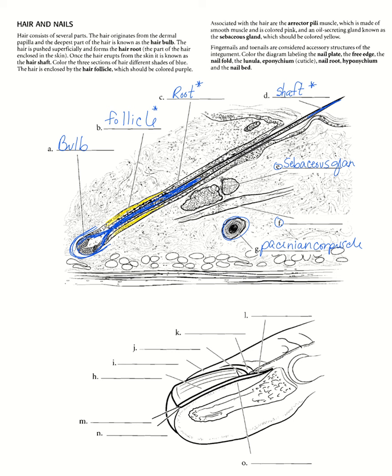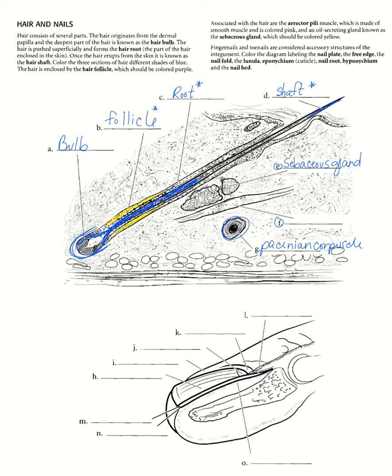So this is going to produce oils, and as you can see, this gland is very close to your root of your hair, and it's actually going to kind of cheat the system and use the root as kind of like a duct so that it can release oils.